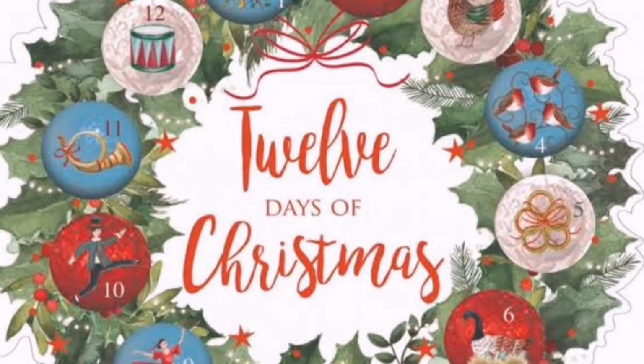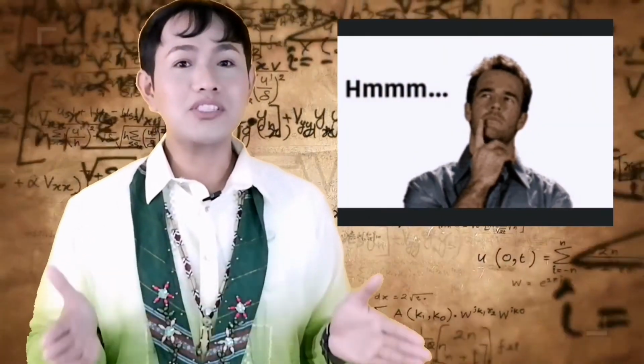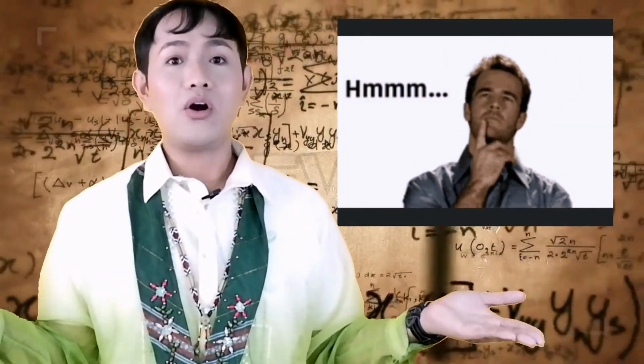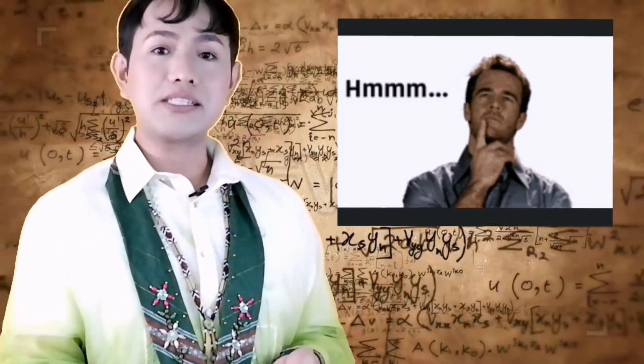In the song 12 Days of Christmas, how many gifts did I receive from my one true love on the 12th day of Christmas? Do you have any wild guess? Can you solve that mentally? Or can you use the formulas which you have just learned?